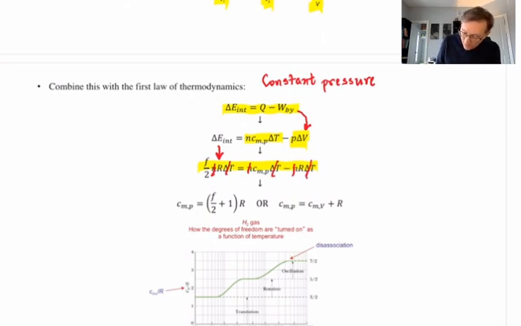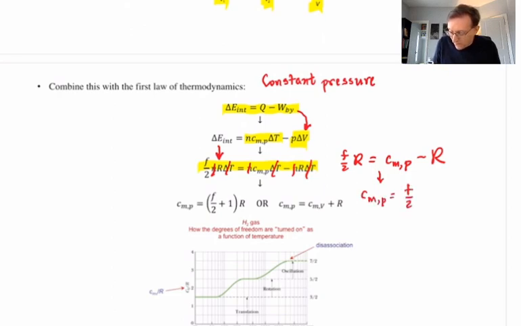The formula at this point looks like this: F over 2 R equals c_m,p minus R. Now solve for c_m,p. That's not hard: c_m,p equals F over 2 times R plus R. Factor the R, and you get this nice little formula: the molar specific heat at constant pressure is F over 2 plus 1, all times R.